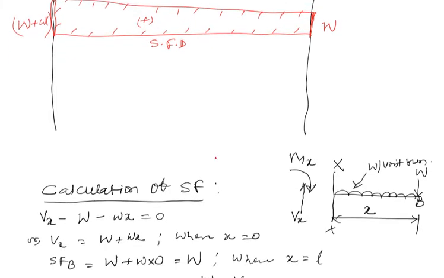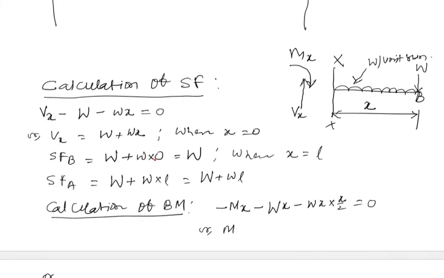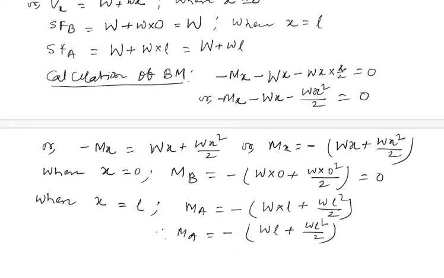Now draw the bending moment. This is the baseline. Now the bending moment at point B is how much? That is 0.